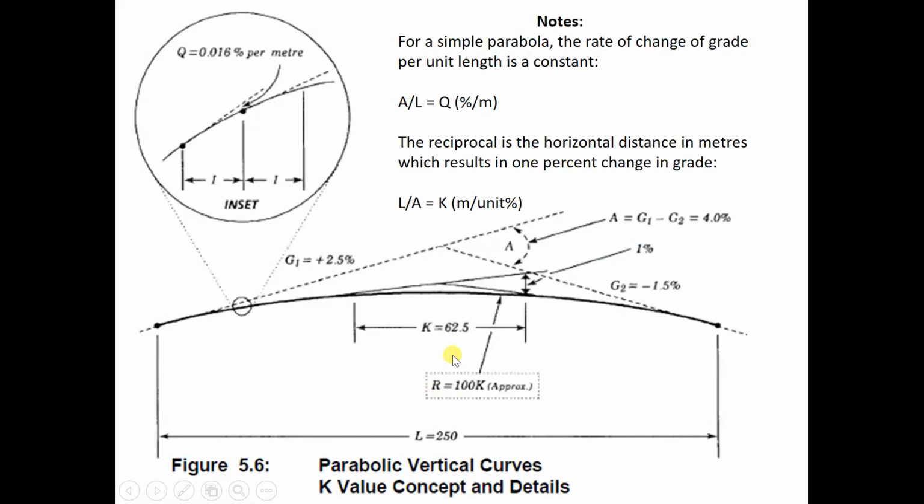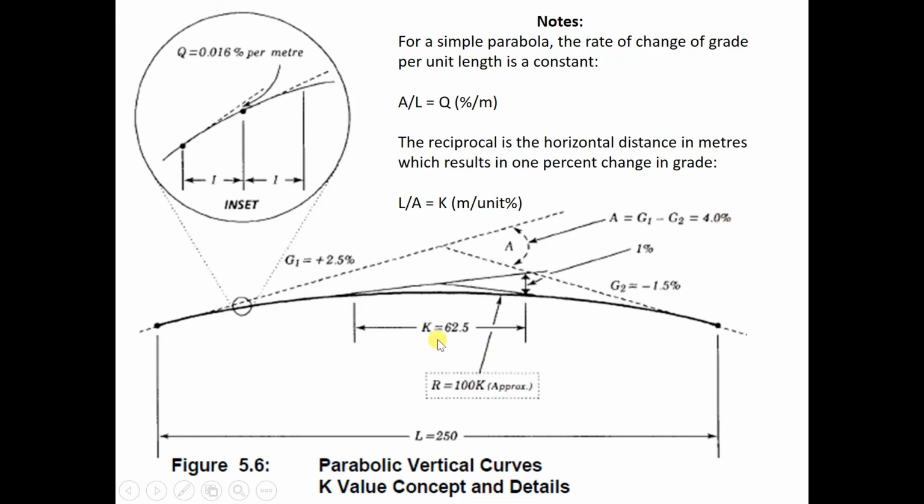So this is just an example. The uphill is plus 2.5%, going downhill is minus 1.5%. So the algebraic difference, G1 minus G2, is plus 2.5% minus 1.5, that gives us 4%.